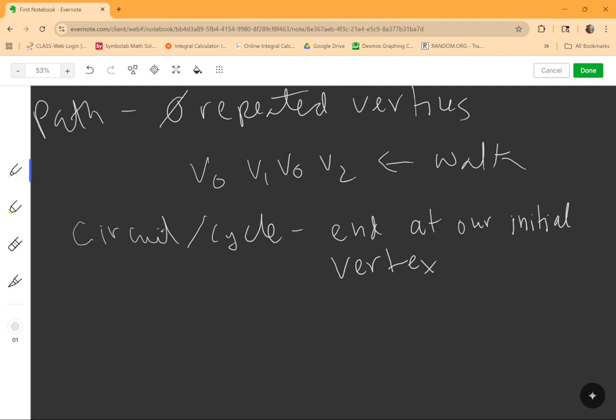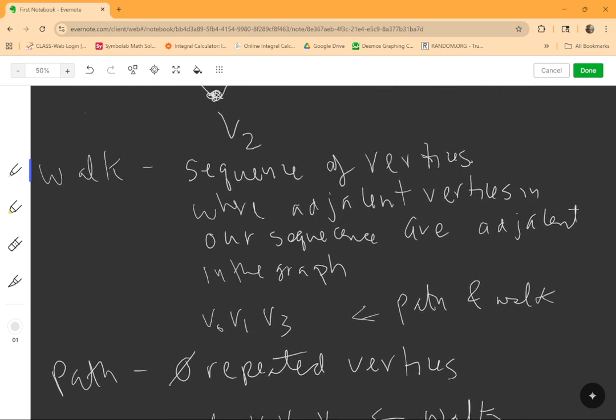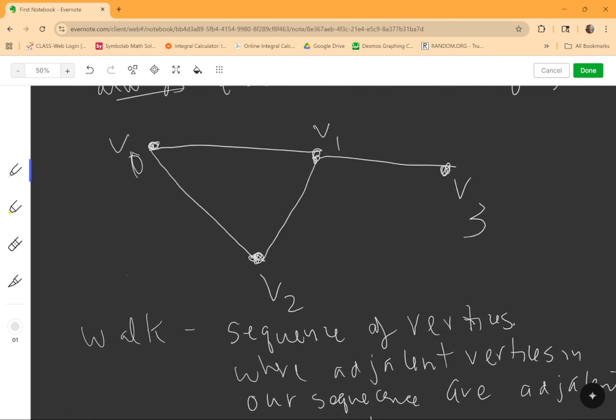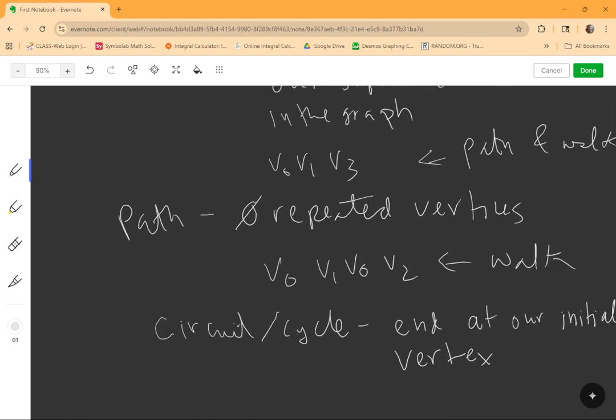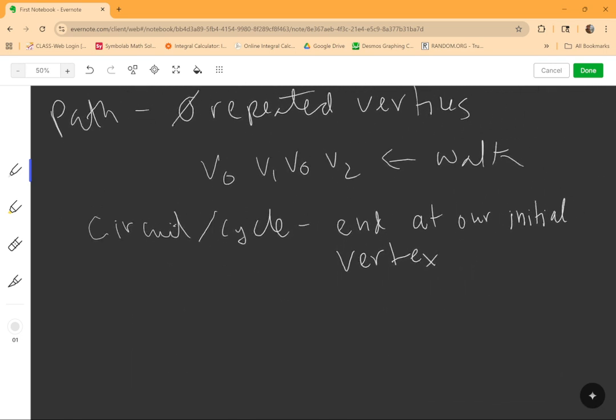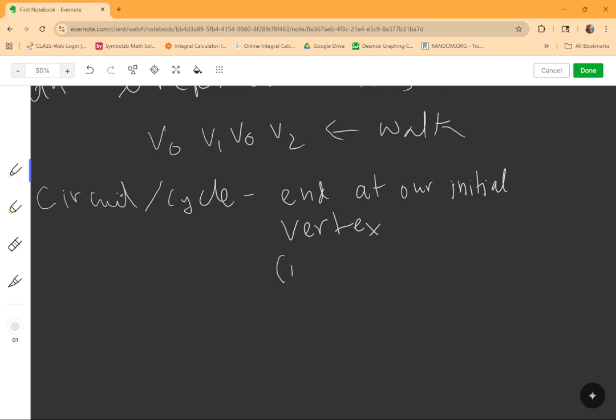Looking at the graph we have up here, that's the only condition. So we can go V0, V2, V1, V3, V1, V0, and that would be a cycle. So here we may repeat edges.